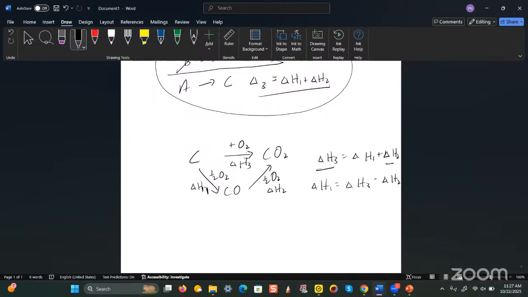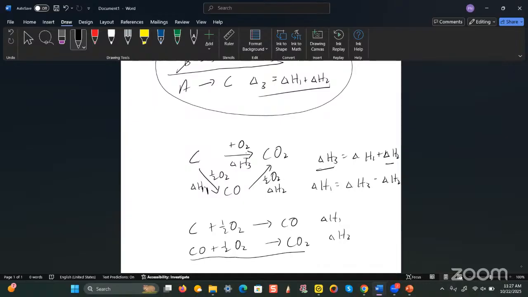All right? Yet another way of doing it, just like I showed you up here, C plus half O2 to give CO, that's delta H1, CO plus half O2, and the enthalpy change for that is delta H2. So therefore, if you add, oh, by the way, CO2 would be the product here.